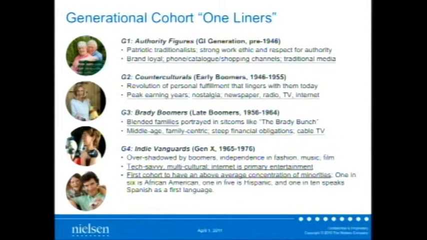The G2, the countercultures, early boomers, these people were part of the Vietnam War. At that time, you had a lot of civil strife going on within our country, as well as across the world in many cases. And these people were just getting exposed to TV. In fact, black and white TV was new technology to this particular group.